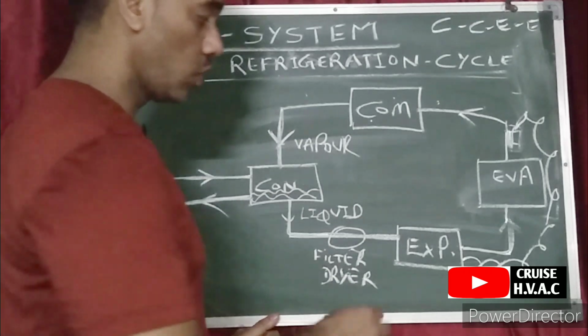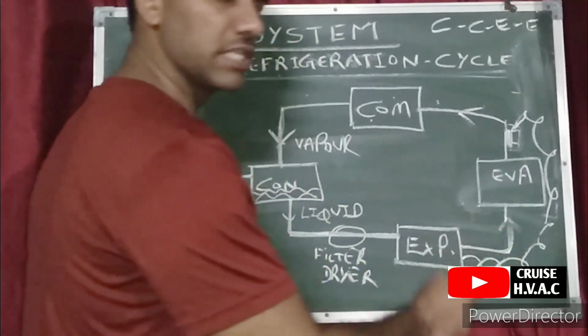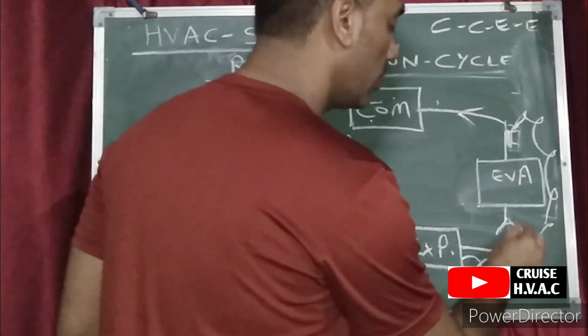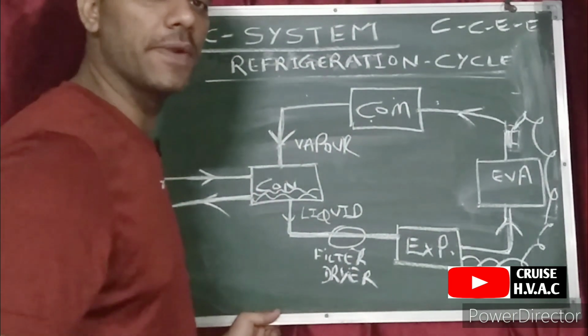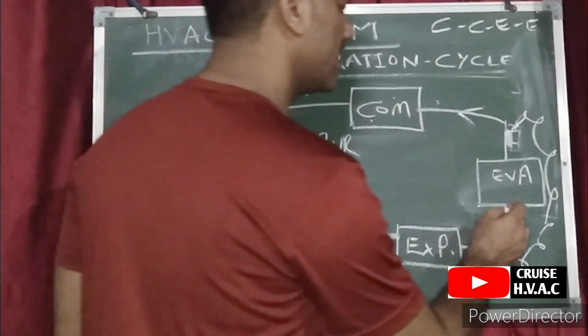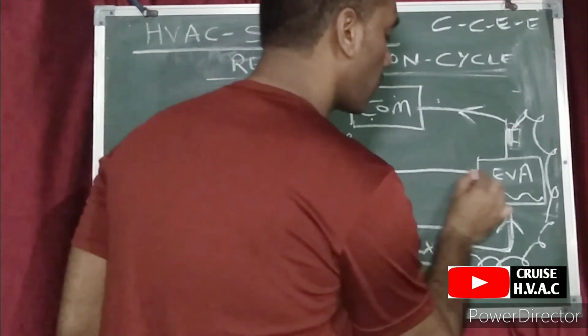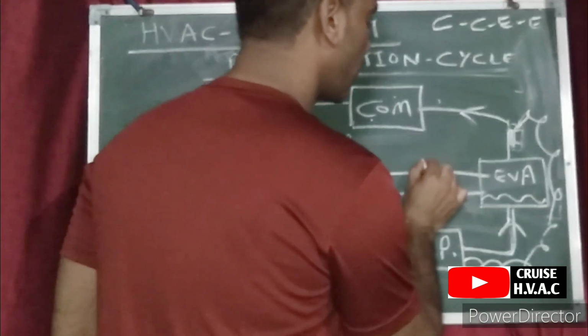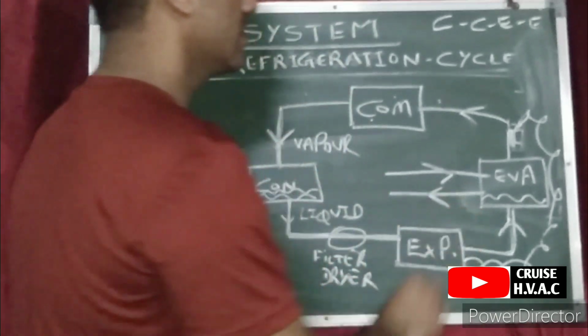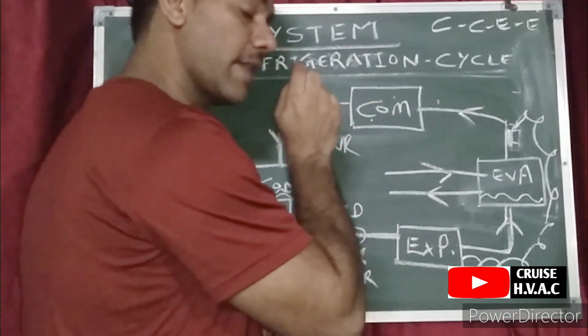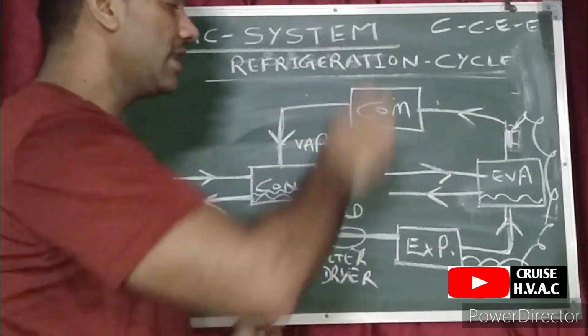So guys, after the expansion valve, when this liquid refrigerant, whose pressure and temperature are low, enters the evaporator, what happens in the evaporator? There is also water coming. Which water is that? This water is coming from the cooling coil in the AHU.